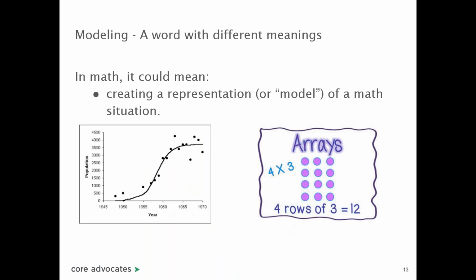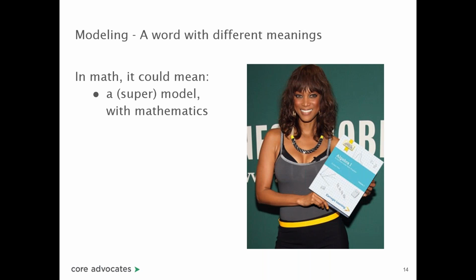That's another meaning that's very common for a lot of us. We also talk about it in terms of creating a representation to a problem or situation, and that's another way that we think about the word model. It was really interesting to hear somebody say an airplane model. Another one that comes up multiple times with participants is a supermodel that's out there. That's another meaning of the word model.